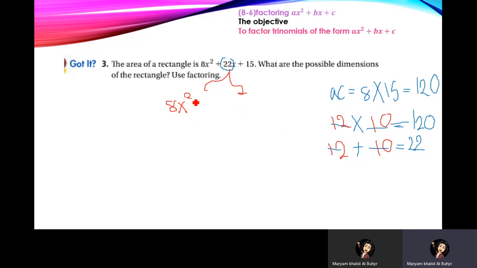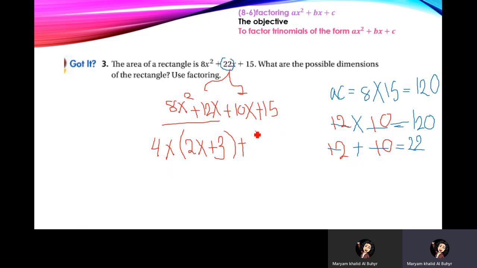8x squared plus 12x plus 10x plus 15. Now, the greatest common factor between these two is 4x. Then inside the remaining, what is the number when I multiply it? Inside 2x, and what is the remaining from the 12? 3.